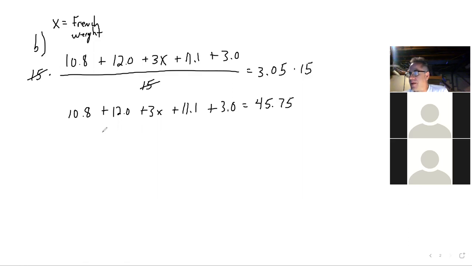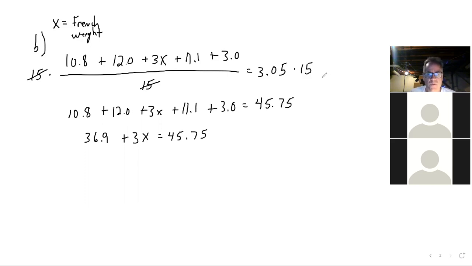And so if I add those all up, 10.8 plus 12.0 plus 11.1 plus 3 is going to add up to be 36.9. And then I've got the plus 3x. And then equaling 45.75.